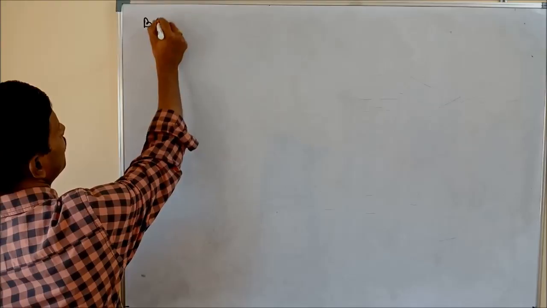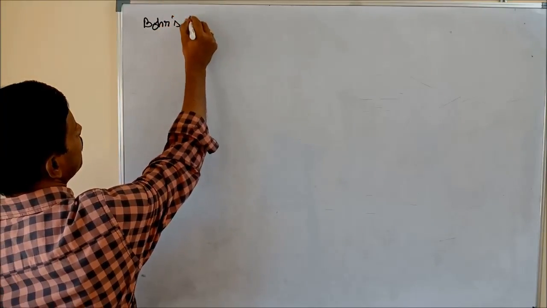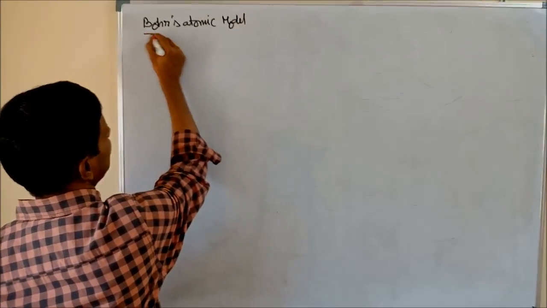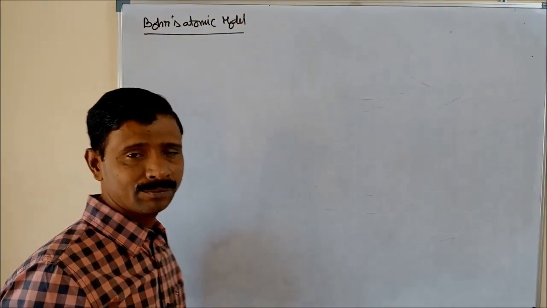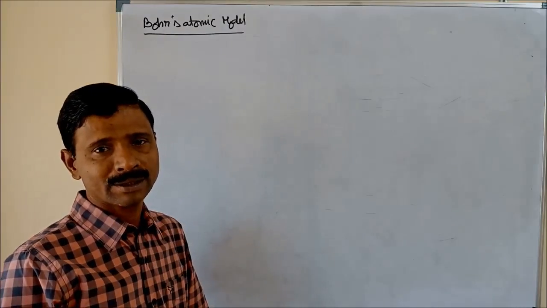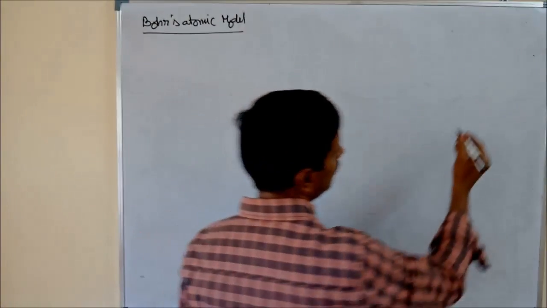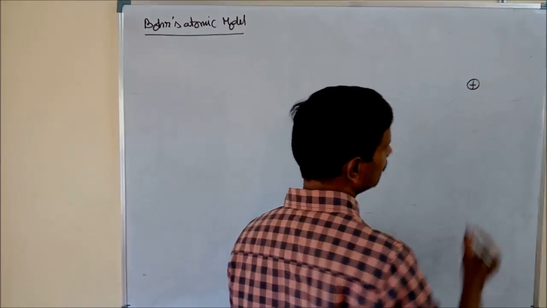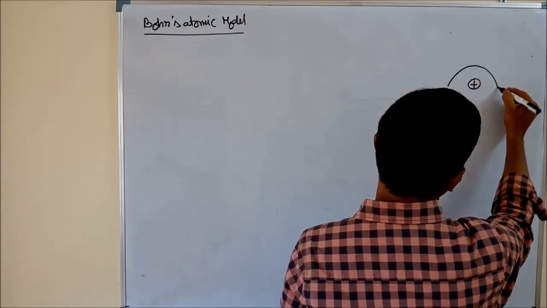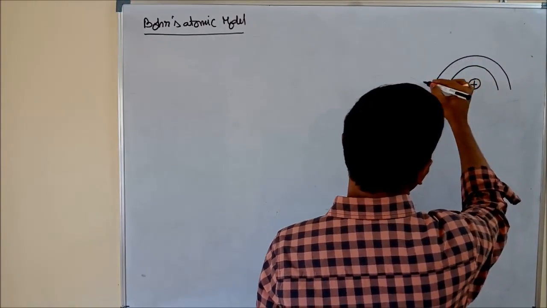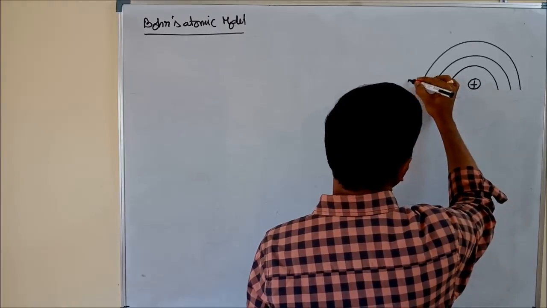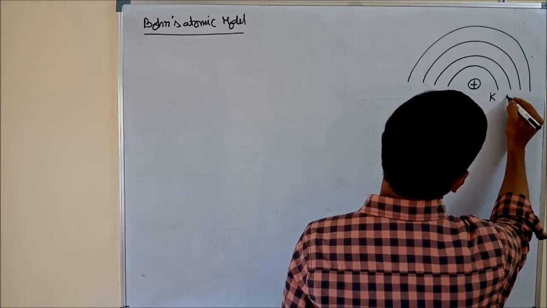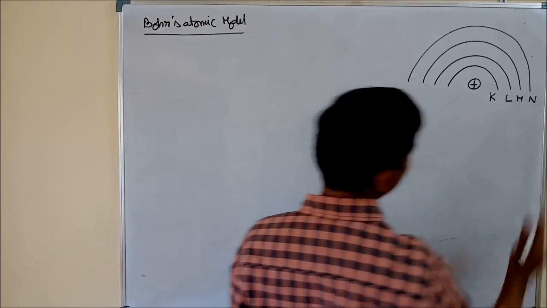In this, the concepts we have to discuss in view of objective examinations are, as you know, according to Bohr's model, the nucleus at the center of the atom, and around that we have circular orbits, and in these orbits the electrons are revolving and they are designated as K, L, M, N, like that.